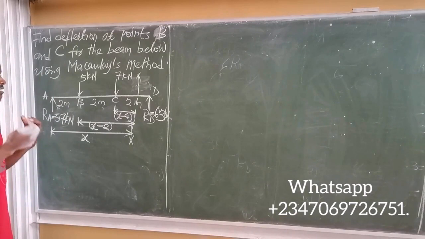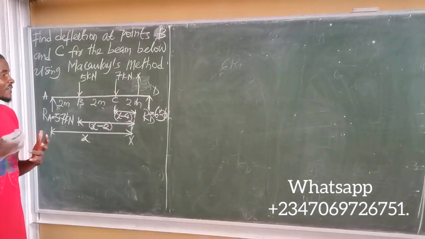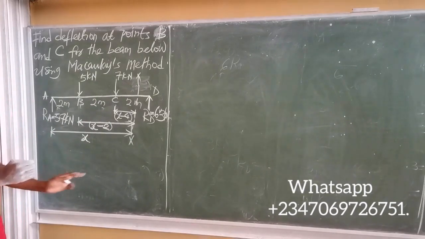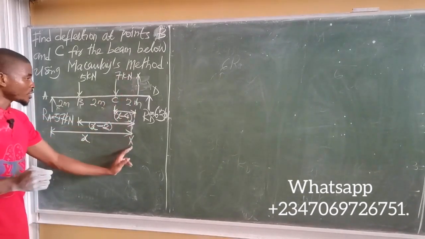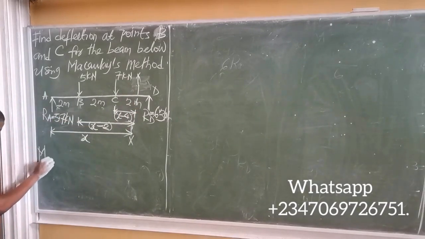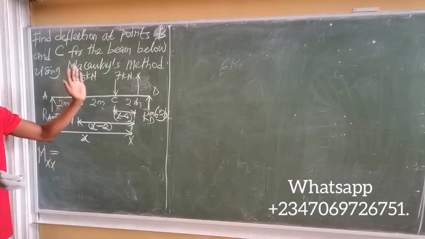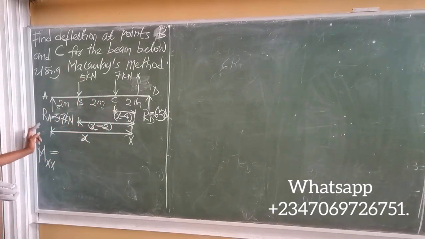Next is to obtain the distances of all the forces about the point of section. Now, after obtaining this, we can find the moment about the point of section. The point of section is simply xx. So the moment about xx, which is moment xx, is simply the moment of the entire force that has been sectioned to the point of section. So the first force is RA, which is 5.7 kilonewtons.